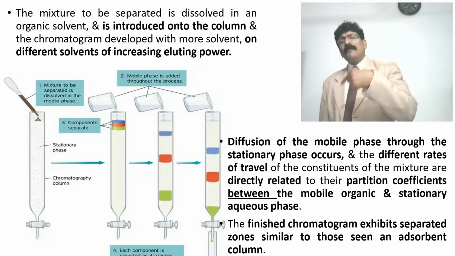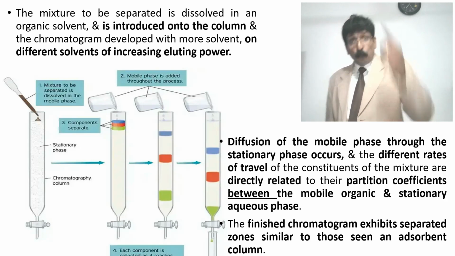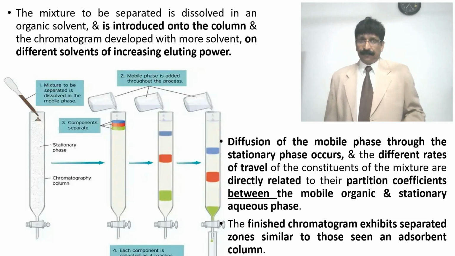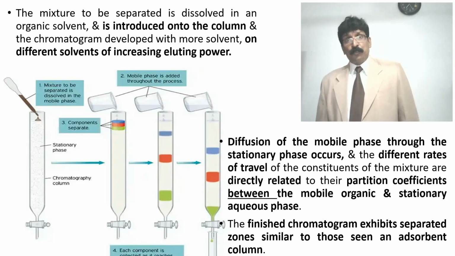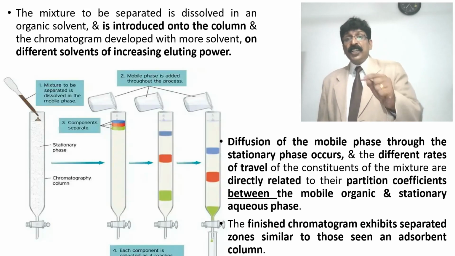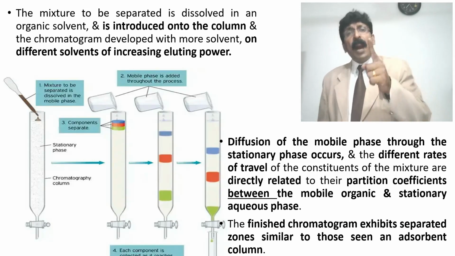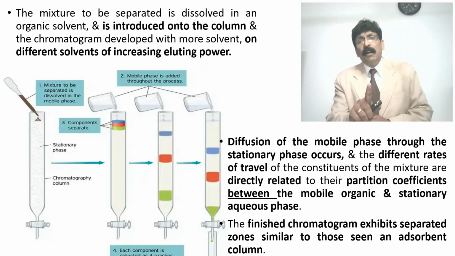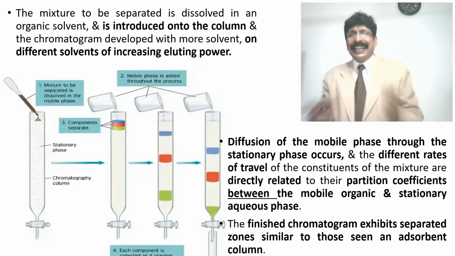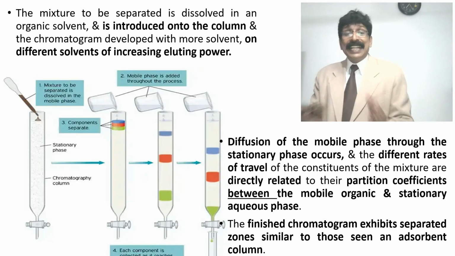Diffusion of the mobile phase through the stationary phase occurs. The different rates of travel of the constituents of the mixture are directly related to their partition coefficient, the solubility between the mobile organic phase and the stationary aqueous phase.